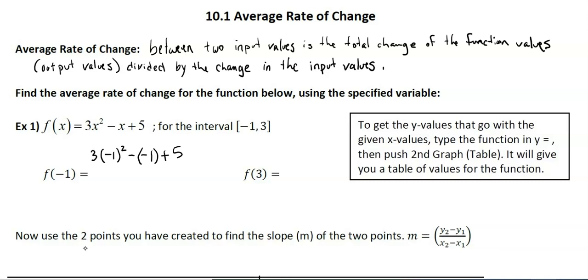And then we evaluate. -1 squared, a negative times a negative is positive, so that's 1. 3 times 1 is 3. And subtracting -1 is the same as adding 1, so that's plus 1. And then we have plus 5. And so 3 plus 1 plus 5 is equal to 9.